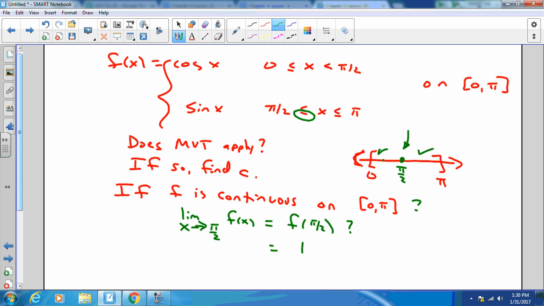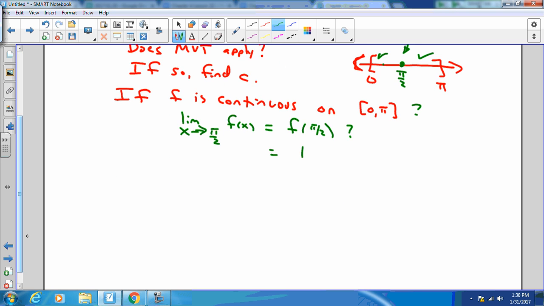Now what about the limit? The limit is going to require looking at limits from the left and right separately, because the function has different definitions to the left and to the right of pi over 2. So I consider the limit as x goes to pi over 2 from the left of the appropriate piece, and from the right of the appropriate piece.